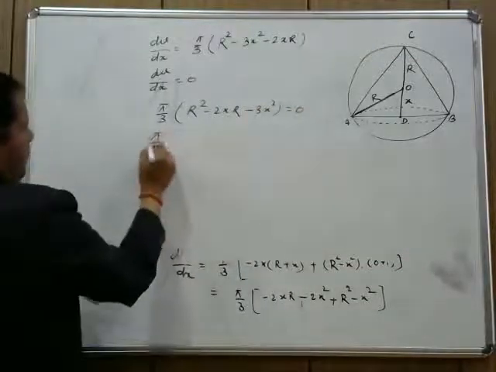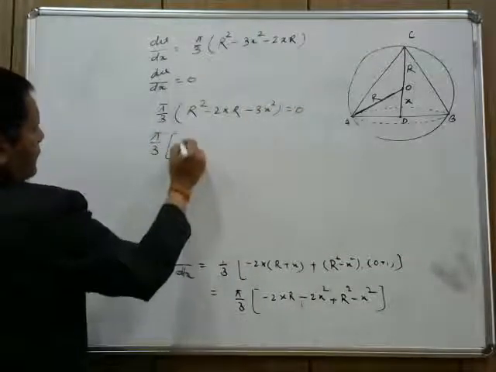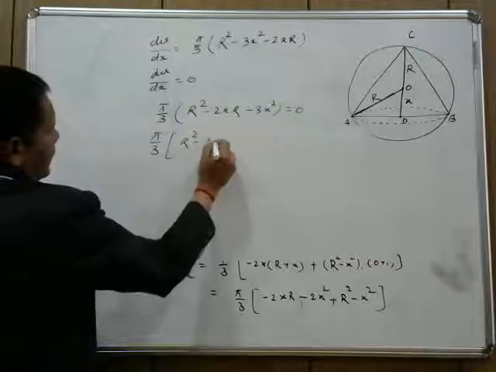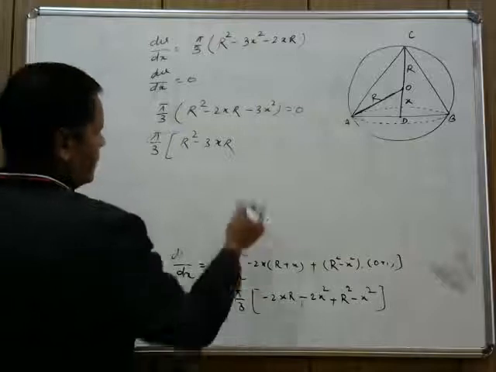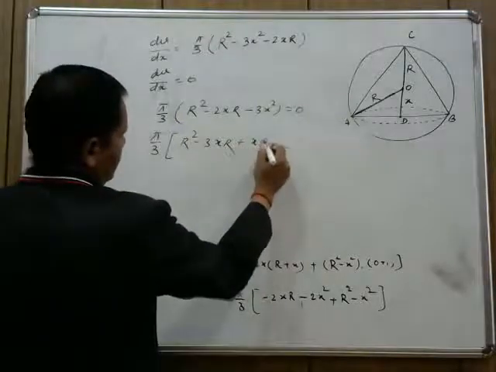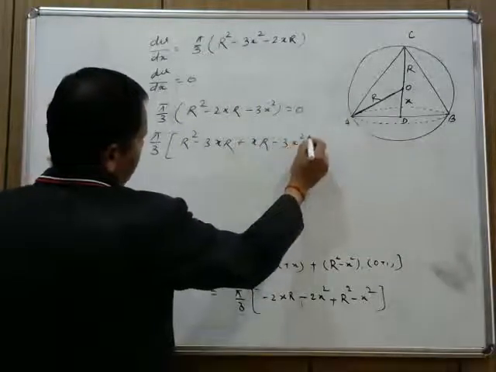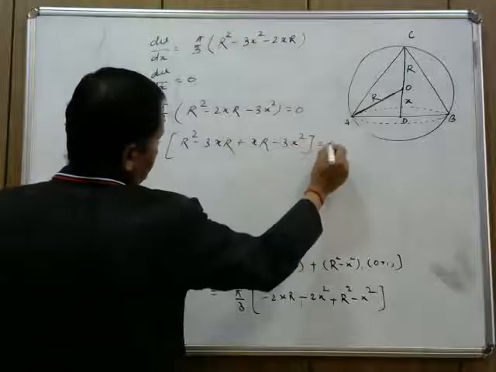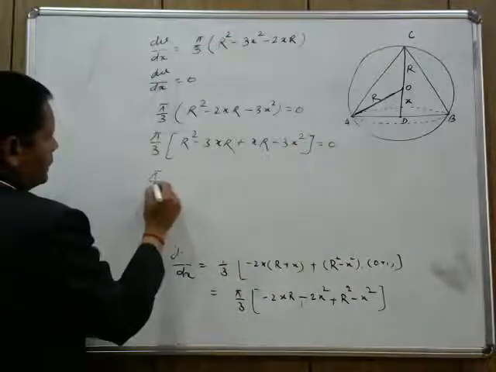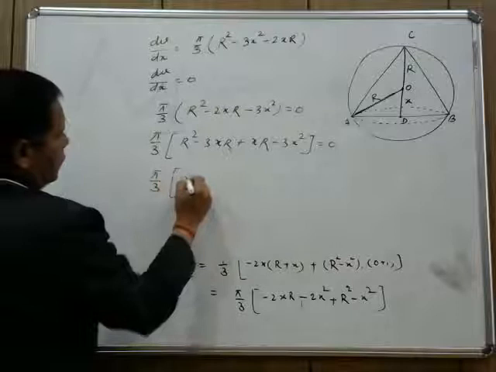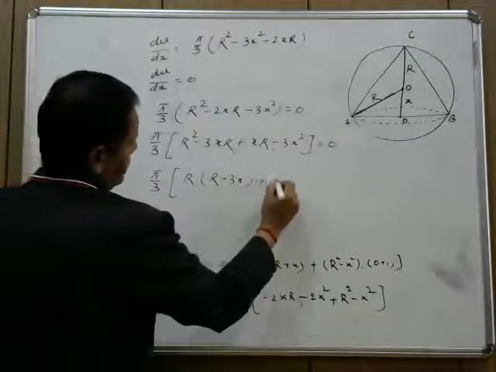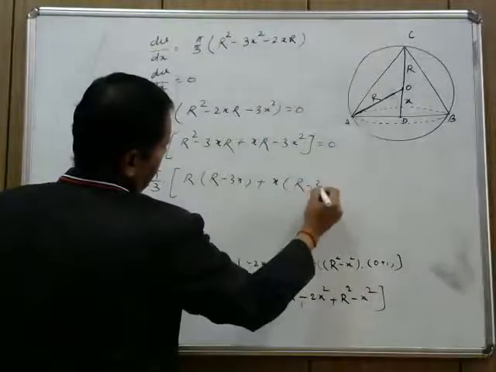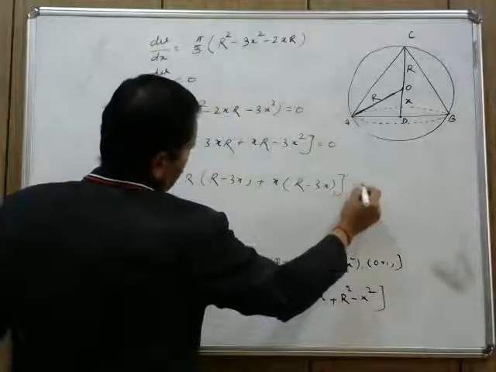Therefore can I write now pi by 3, this can I write r square minus 3xr, factorize it, 3xr plus xr minus 3x square equal to 0. It is now pi by 3, r common, r minus 3x, plus x common, r minus 3x equal to 0.